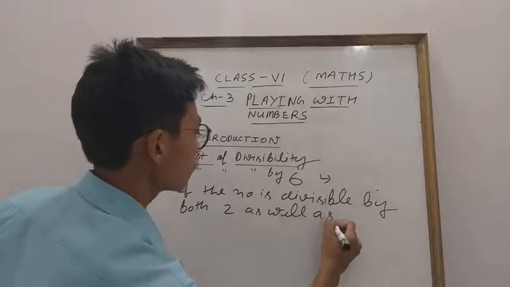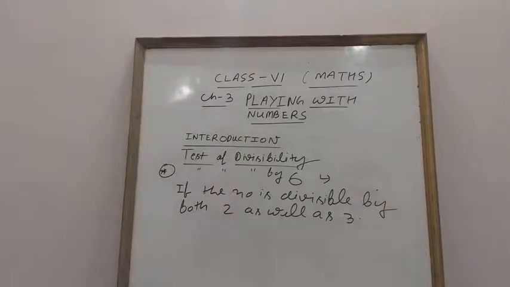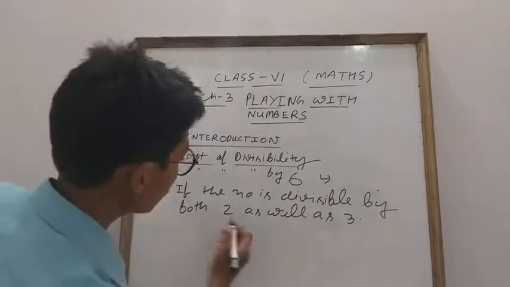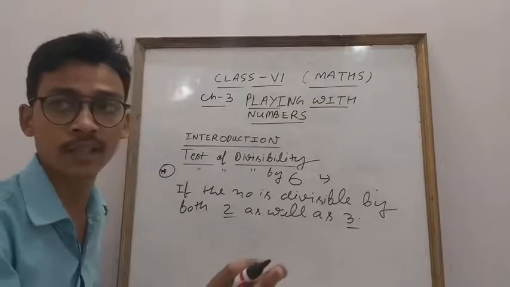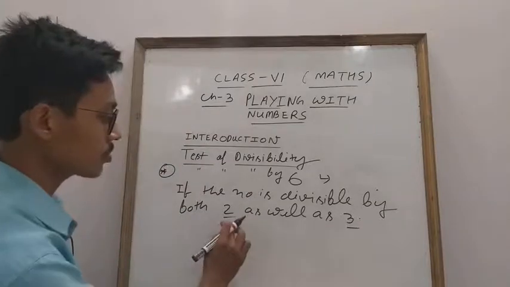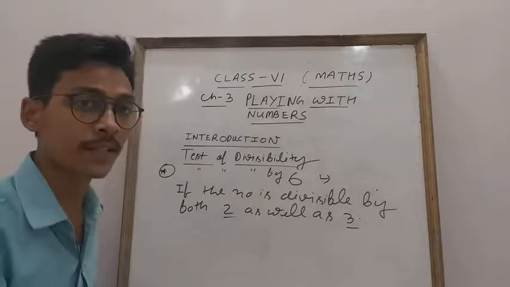Clear student? What is the test of divisibility by 6, student? If the number is divisible by both 2 as well as 3. Clear student, our number should be divisible by 2 as well as 3. If the number is divisible by 2 but not divisible by 3, it means the number is not divisible by 6. If the number is divisible by 3 but not divisible by 2, then the number is not divisible by 6. The number should be divisible by 2 as well as 3.